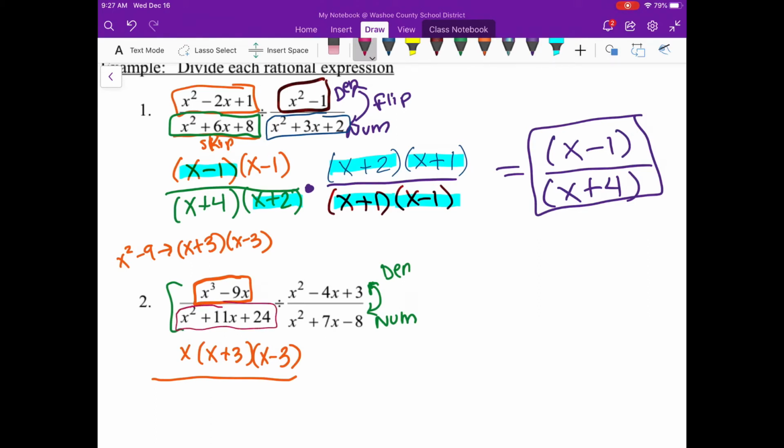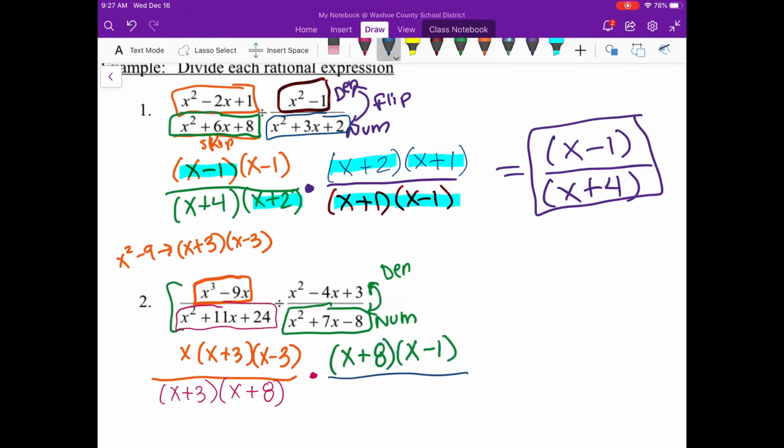So my denominator here, what multiplies to 24 and adds up to 11, I get x plus 3 and x plus 8. I know that this is going to change to a multiplication problem, and this is going to turn into my new numerator because I'm flipping the second fraction. So what multiplies to negative 8 and adds up to a positive 7, that's a positive 8 and a minus 1. And then the new denominator is this one.